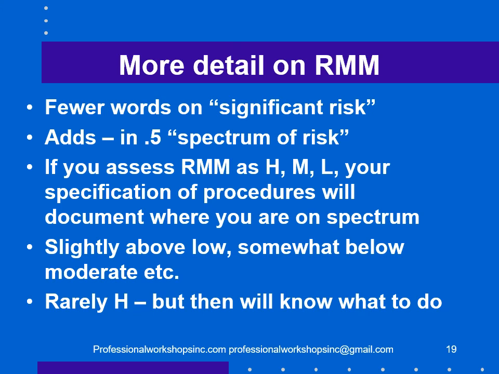It's slightly above low, slightly below moderate, slightly above high, really below high, really above high. And so you need to think about that. But as you develop that grid that we saw before, your specification of the procedures you're going to do and your description of the risk factor will document where you are on the spectrum, and that will solve your problem, and that you will do more than the normal amount of work for high because it's more than high.